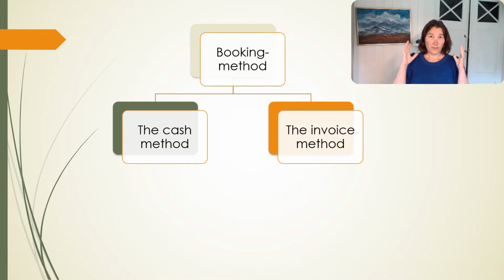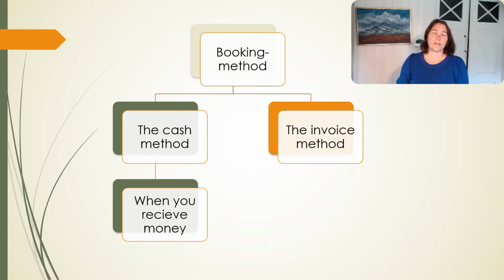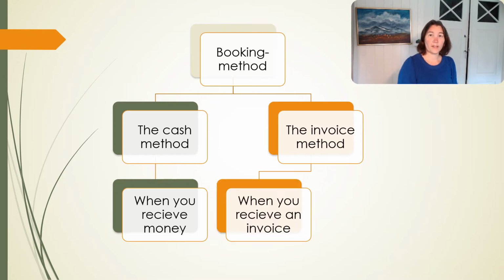So the cash method, with that one, you only book once, when you receive money or when you pay somebody. So you only book when money transfers. With the invoice method, you actually do booking twice.